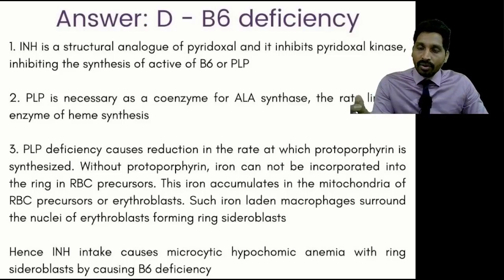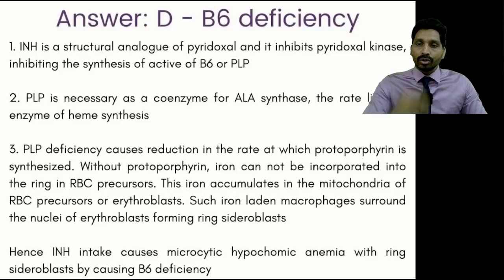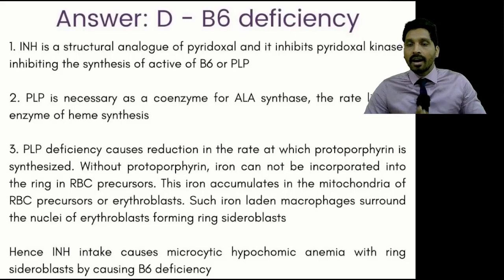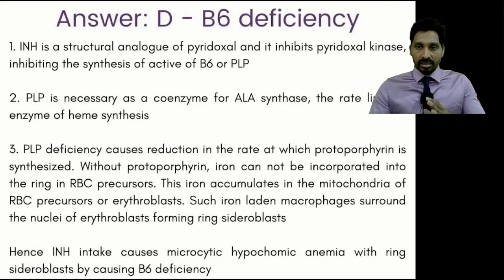So the coenzyme form for B6 is PLP, which has a crucial role in protein metabolism, and at the same time in heme synthesis. In heme synthesis, the key enzyme is ALA synthase, which is totally dependent on PLP. If PLP is not there, ALA synthase will be inactivated. There is no further proceeding of heme synthesis.